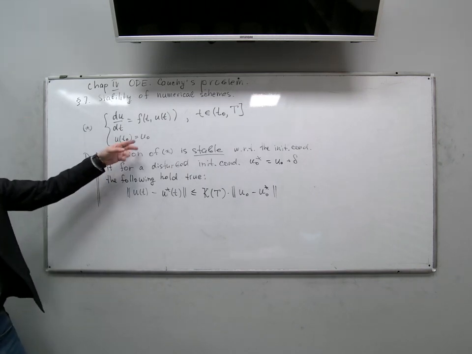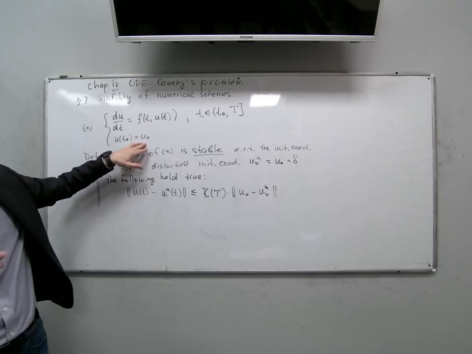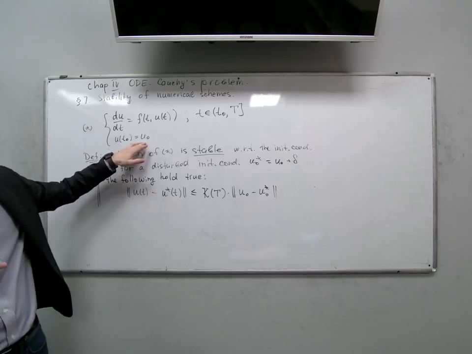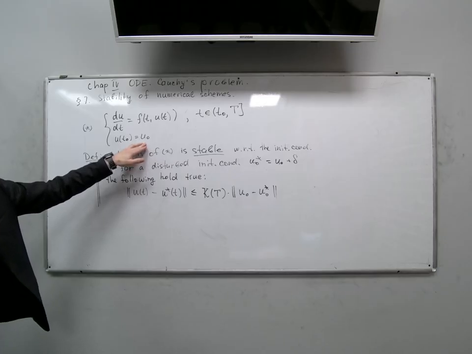We slightly disturbed our initial condition, and this is what happens all the time. We are solving our problem this way or another, because nobody can measure temperatures exactly. Nobody can say what is the concentration of a species in the starting moment of time exactly.